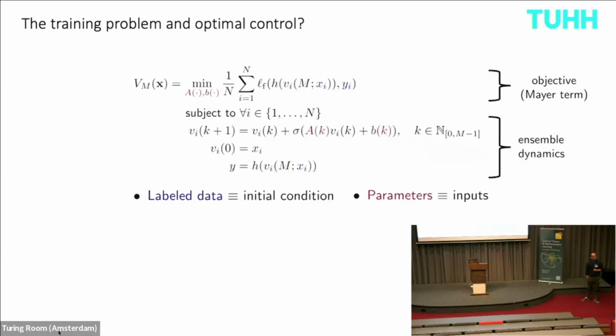If they are dynamic systems, I can, brute force, write down an optimal control problem to train these things. How do I do that? This is my recursion over the m layers of my neural network, but observe the subscript i. Why do I have a subscript i? Well, because the initial condition for my recursion is the current data point x_i that I want to propagate through my neural network.